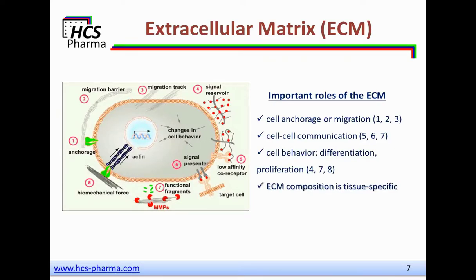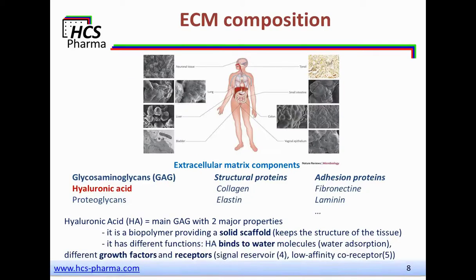And so ECM composition is tissue specific. Indeed, for each organ or tissue, we find the main compounds in different amounts. The ECM is composed generally of glycans, aminoglycans like hyaluronic acid, and structural proteins or adhesion proteins like collagen or fibronectin or laminin.